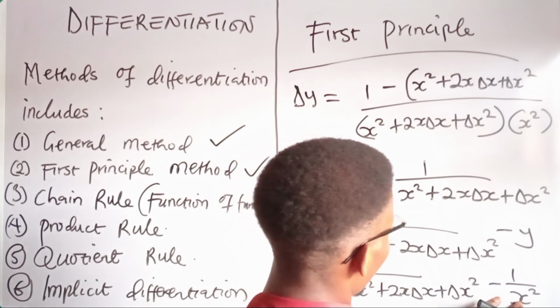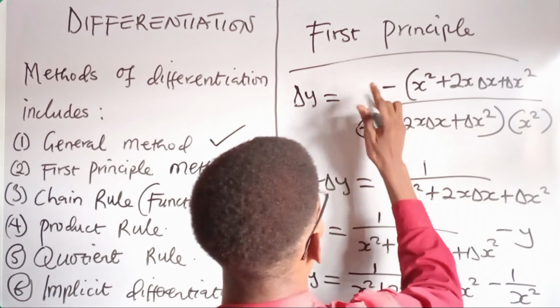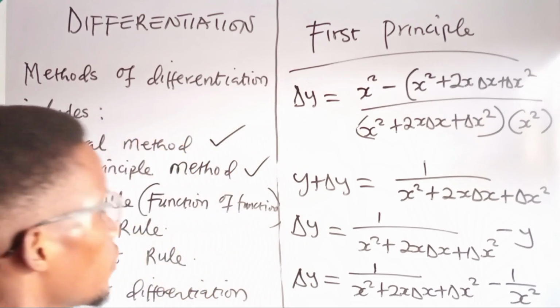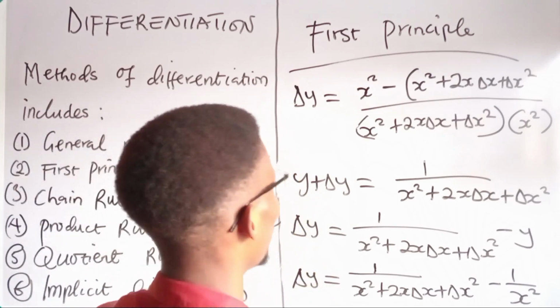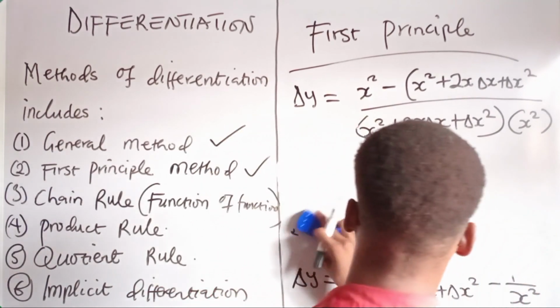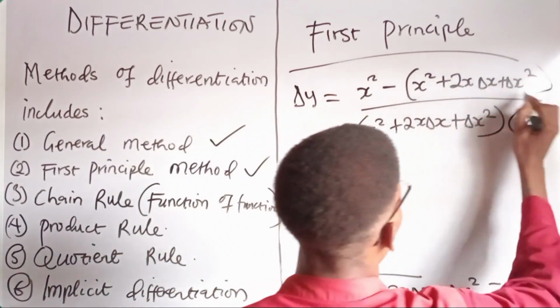So remember, we divided this by this and it gave us this, so multiplying, we have s squared. All right, so now, can I clear the bracket?